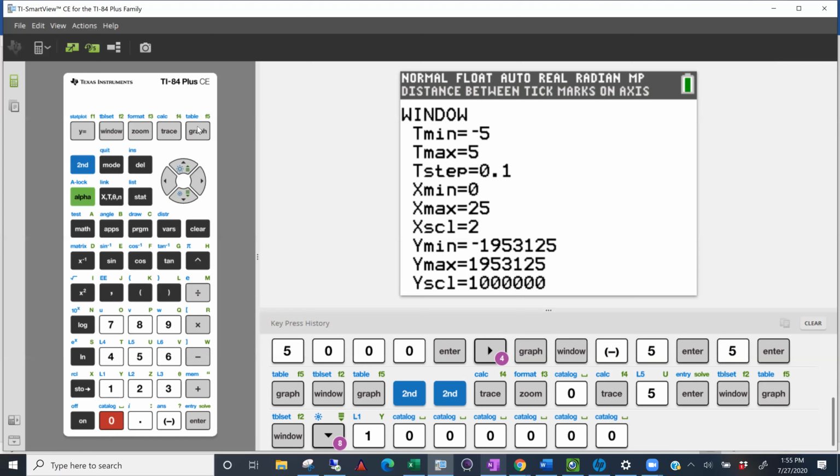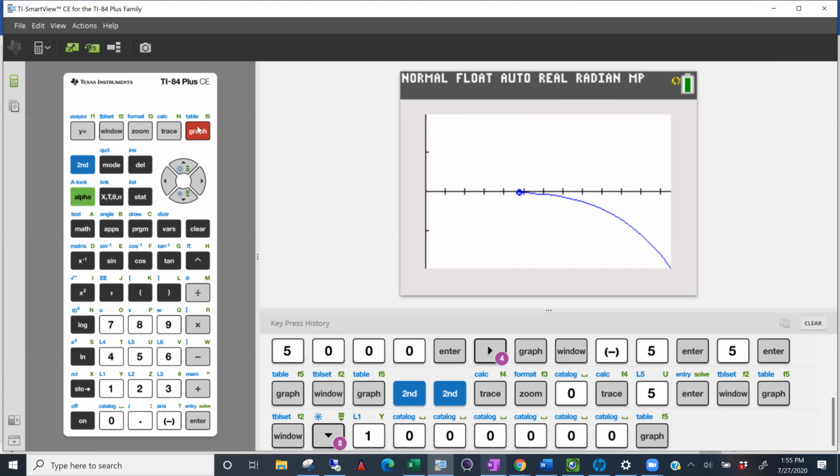There we go. Now I can see a couple tick marks on the y-axis, whereas before I couldn't. But it just really squishes things down. You can't see anything on the graph until you get out to, say, x equals 4 or 5.